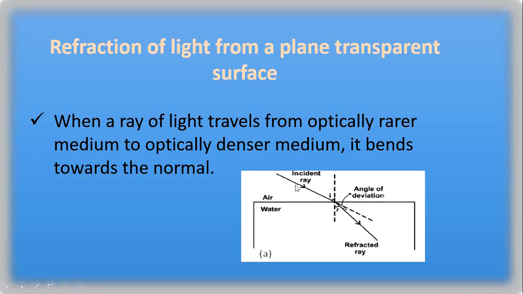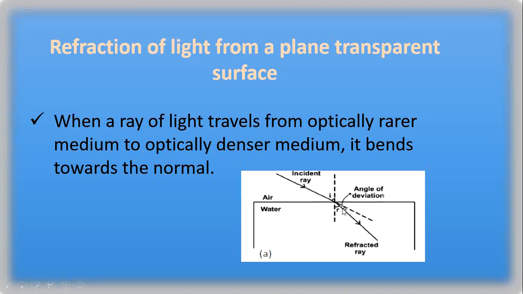See this diagram. The incident ray travels in the rarer medium. Air is the rarer medium, and water is the denser medium. So when this incident ray reaches the denser medium, it bends towards the normal. When we measure the angle between the incident ray and the normal, and the refracted ray and the normal, which angle is greater?